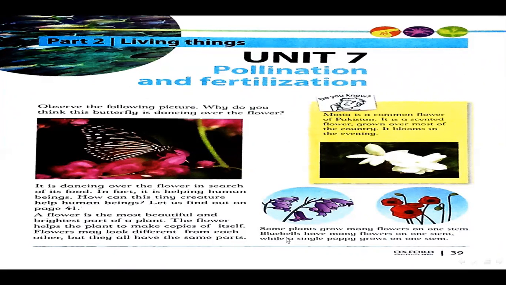Here you see some plants grow many flowers on one stem, like bluebells. See here, a bluebell plant has many flowers on one stem, but a poppy plant has only one flower on one stem. Students, if we open a flower, the most attractive part is the petals.